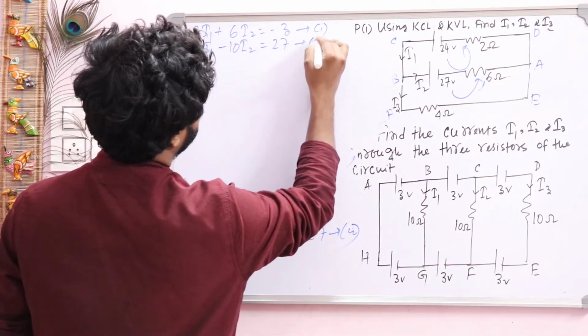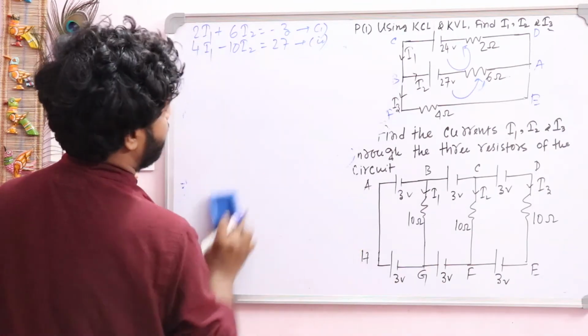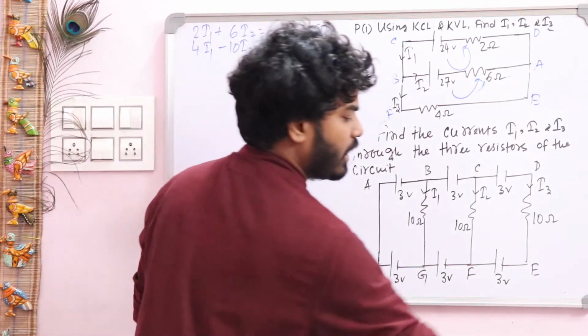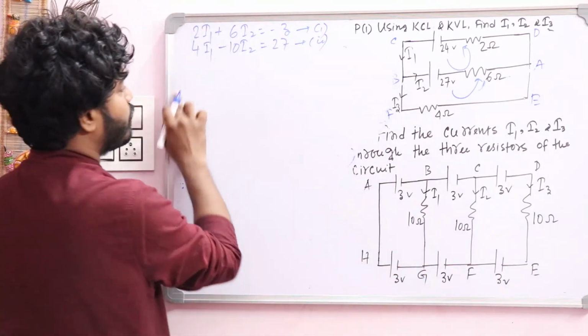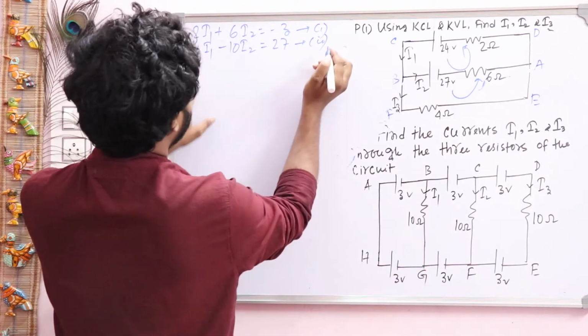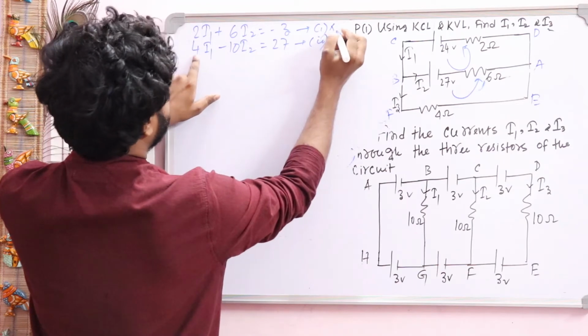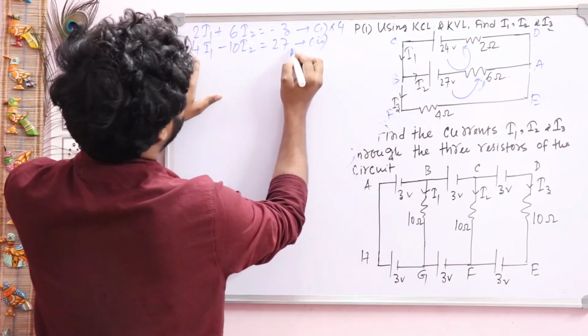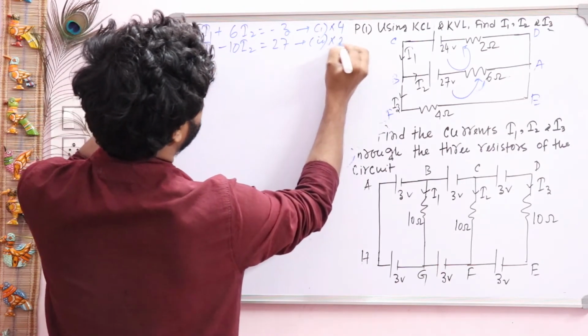This is our second equation. Now all of you know the formula, the rules for solving these types of problem. So here you just consider equation 1 is multiplied with 4 and equation 2 is multiplied with 2.